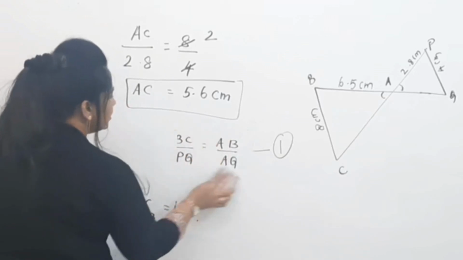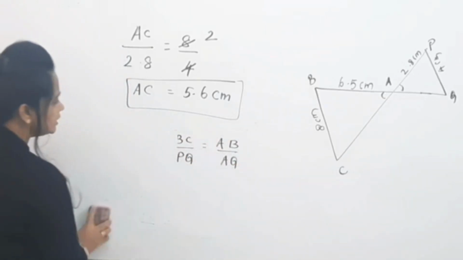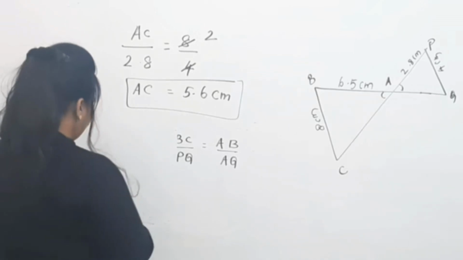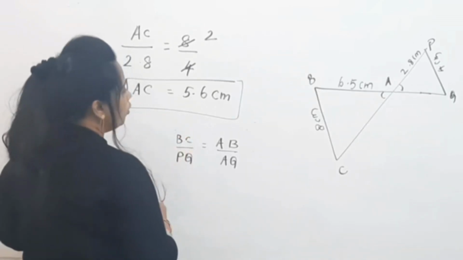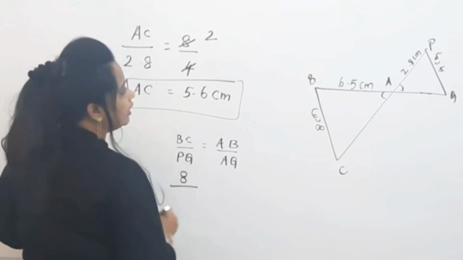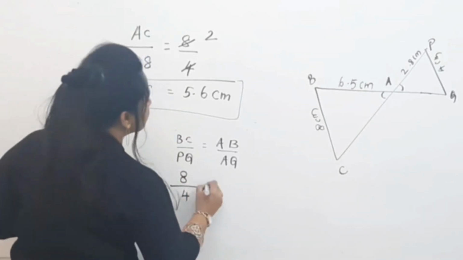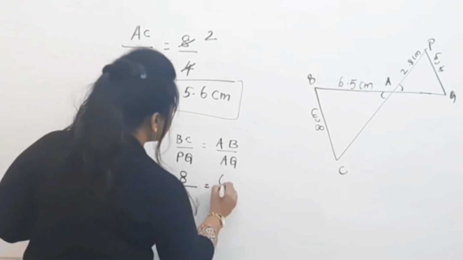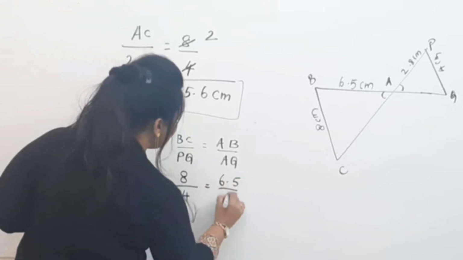As simple as that. So that is BC by PQ I am given. BC is 8 divided by PQ is 4, is equal to AB is 6.5, and I do not know AQ.